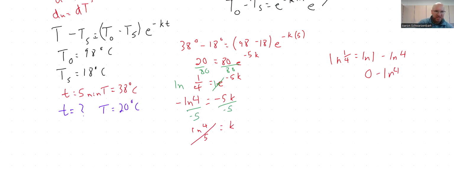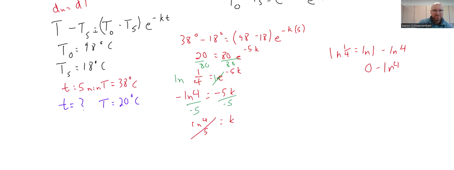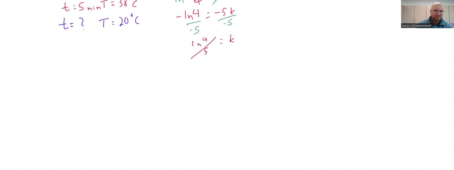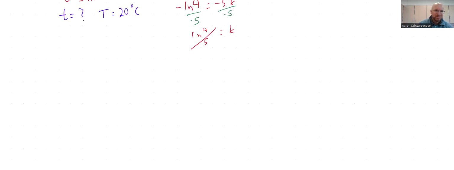Now I need my 20 case, so I'm going to plug that in to the original equation where I don't know time. 20 minus surrounding equals 98 minus 18. That's 80 again.